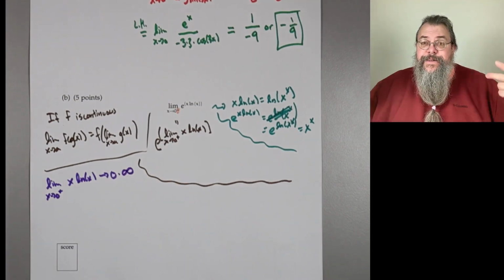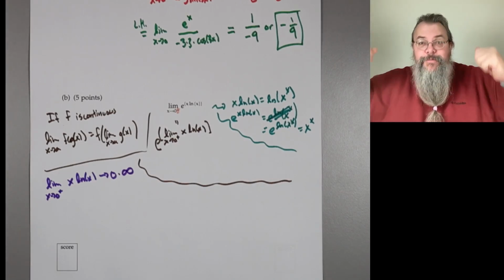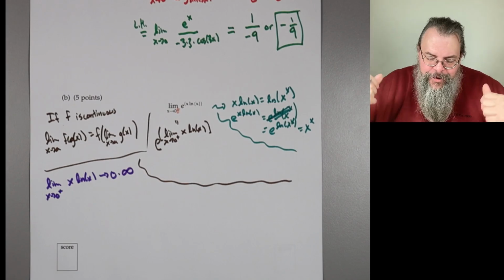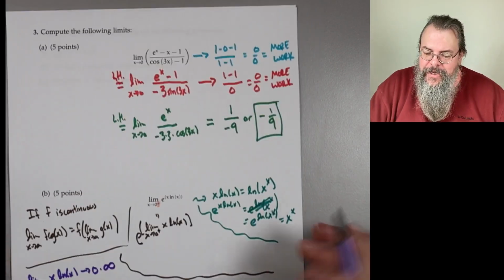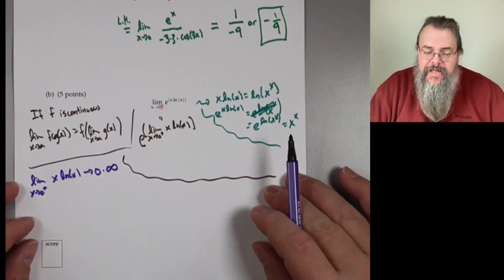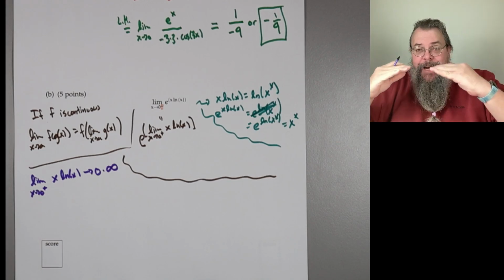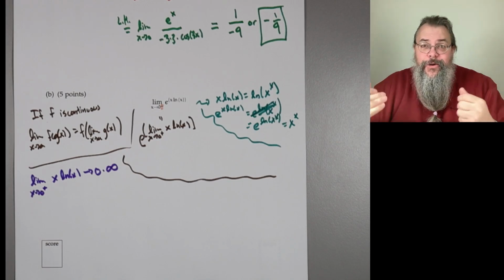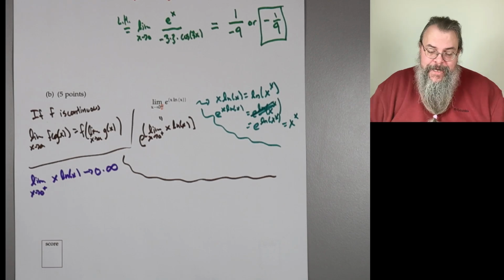So it's going to like infinity. 0 times infinity, which means more work, more work. But wait, it's not the right kind of more work, right? It's not a fraction. If we're going to apply l'hôpital, what do we need? We need a fraction, 0 over 0, or infinity over infinity. That is not what we have going on right now.